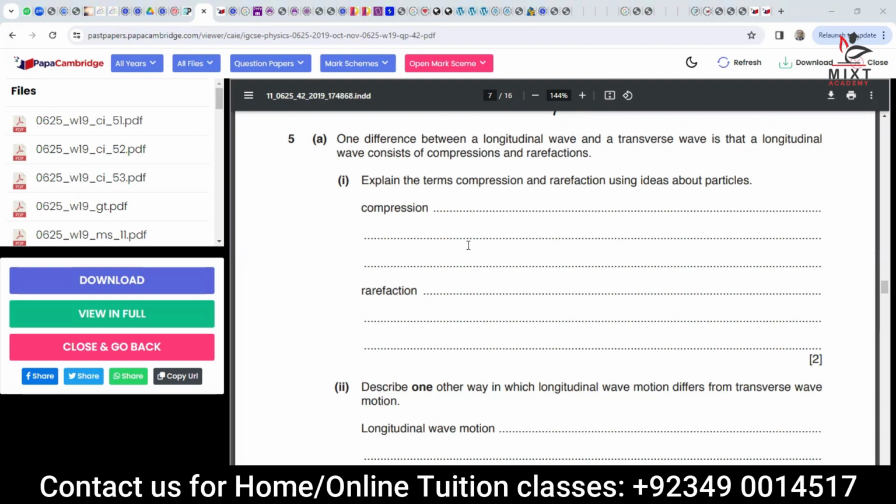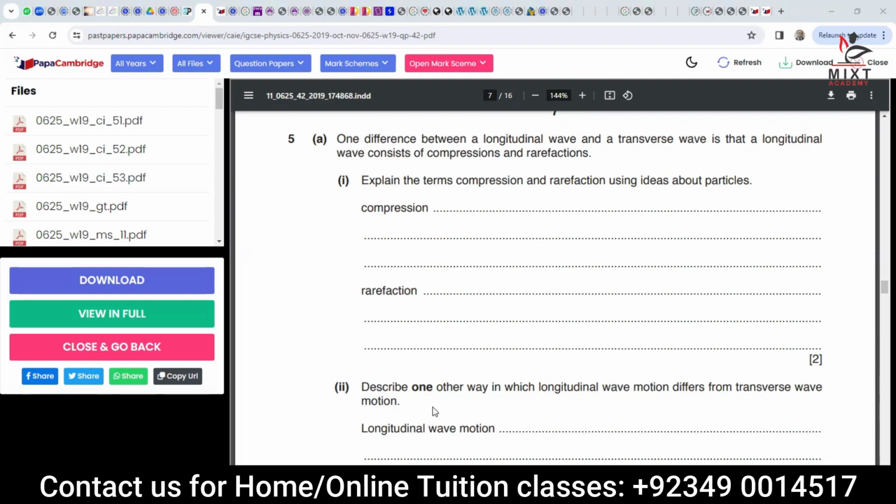I think in rarefaction the medium is spread out, so you can say the particles are far away. Rarefaction is a region in the wave in which particles of the medium are far away from each other. Okay. That's it. So write it down.